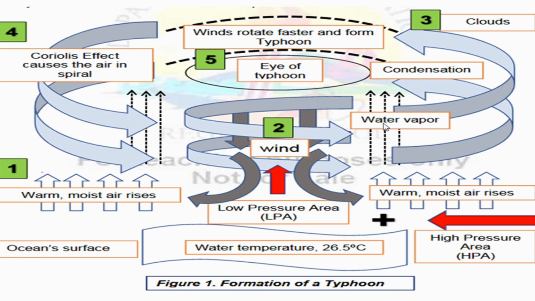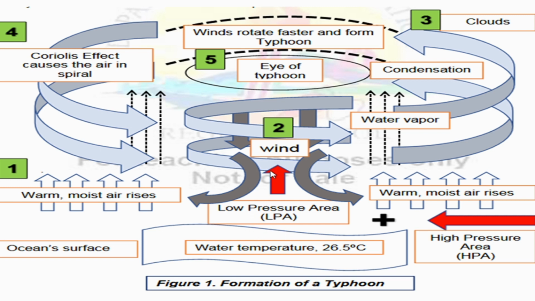So, ang mangyayari po, yung warm, moist air rises, magiging siyang water vapor, tapos, magkakaroon po siya ng tinatawag na condensation. So, pag nagkaroon ng condensation, nagkakaroon po siya ng clouds. Okay? Clouds po. Nag-form siya ng clouds.